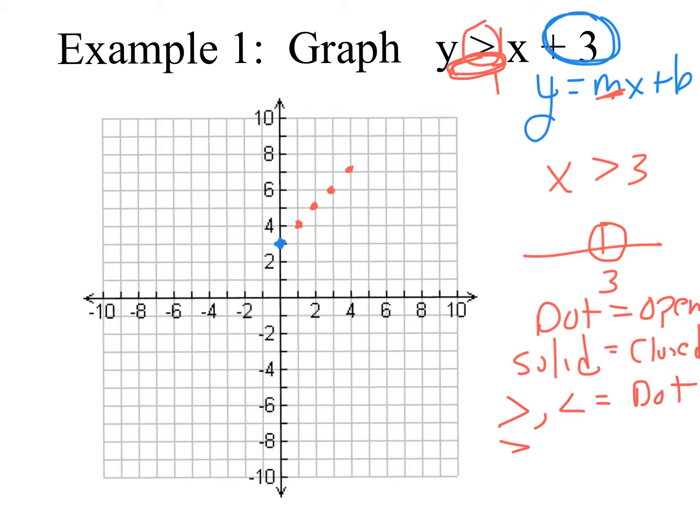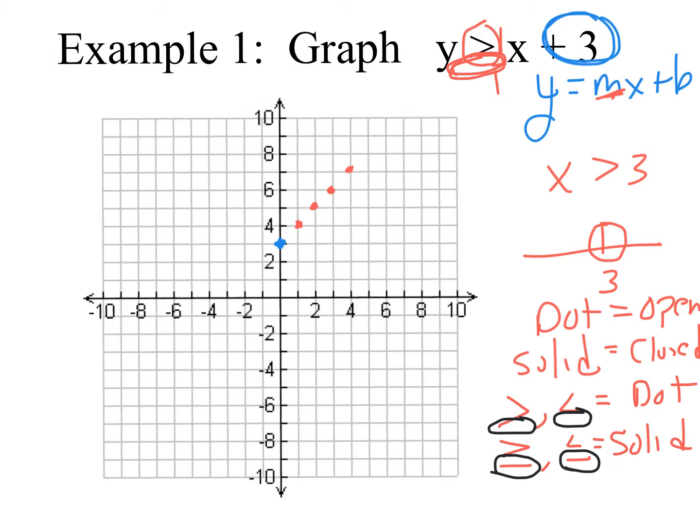Greater than or equal to or less than or equal to is going to be a solid line. My rule of thumb is if there's a solid line under the inequality, there's a solid line on your graph. If there's no solid line under here, like these guys, there's no solid line on the graph.